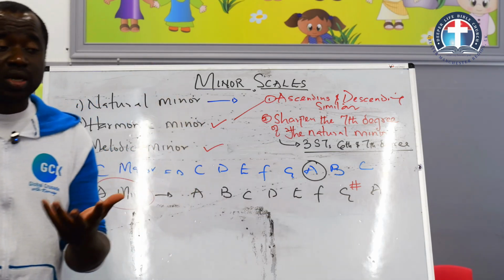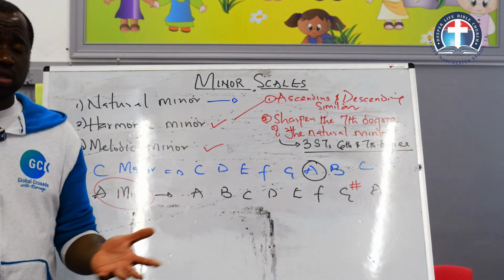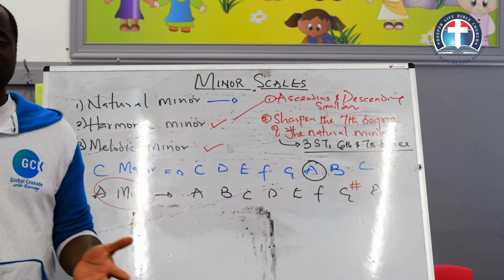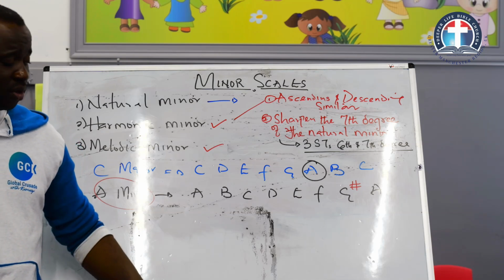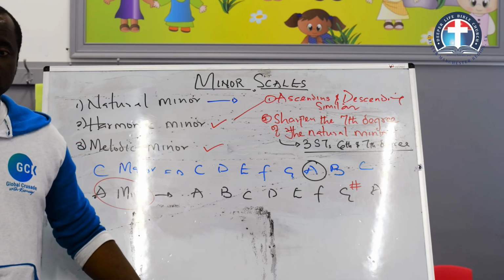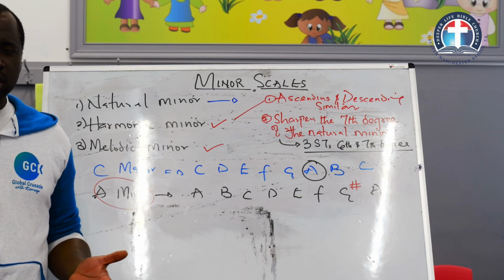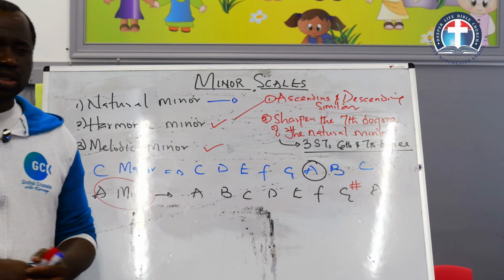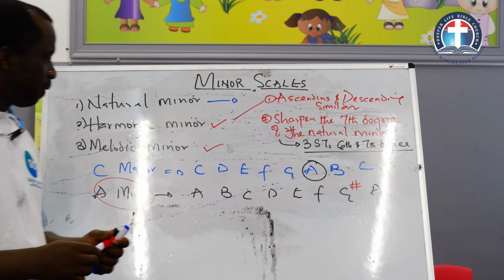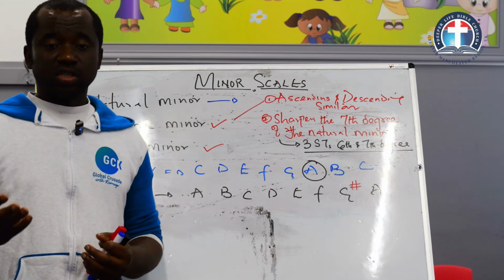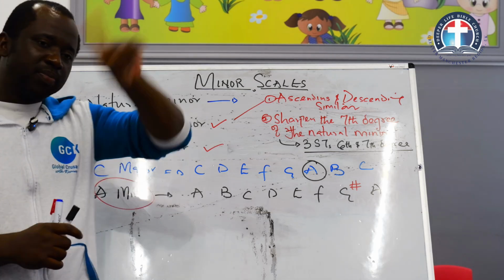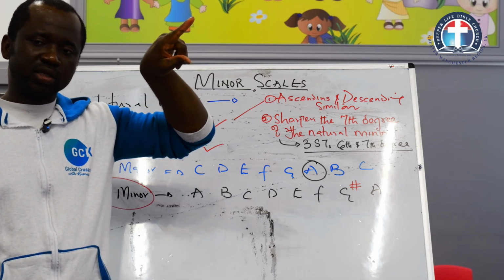So the same thing with other harmonic minors too. What other harmonic minor did you do? I think you did D harmonic minor. Yeah. So in D harmonic minor, what major scale is it going to duplicate?